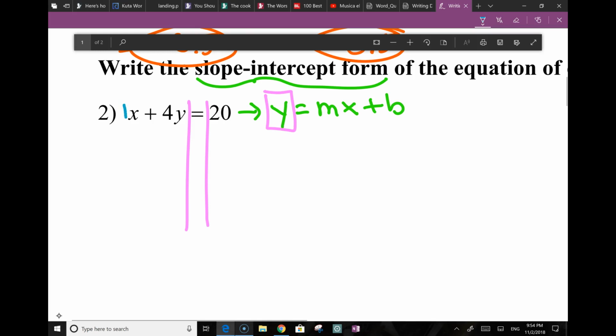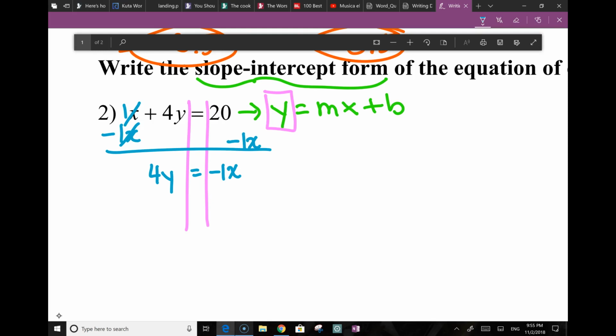So this being a 1x, I will simply do the inverse, so negative 1x. I'll put it over here, negative 1x. And these two eliminate. And what that leaves me with is 4y is equal to. Now, I want to put the negative 1x first.